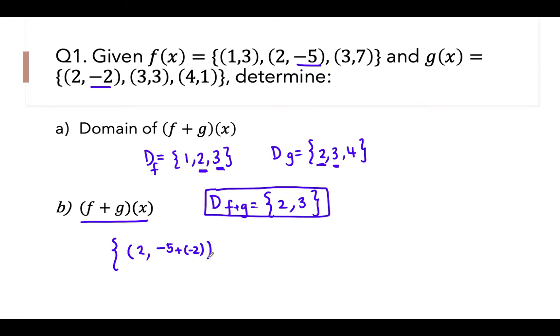That's my first point. Then at 3, my range values are 7 and 3, so we do 7 plus 3. Therefore, simplified, it's (2, -7) and (3, 10).